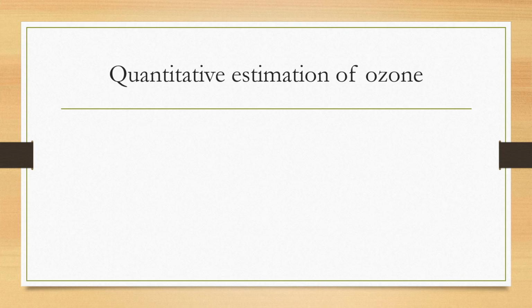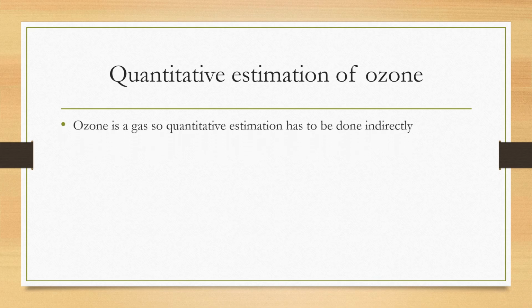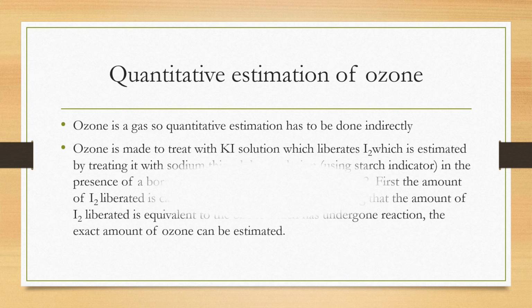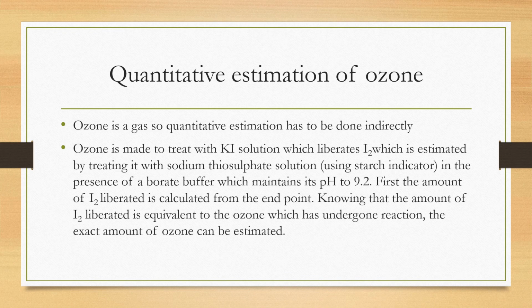Now we shall see how to do the quantitative estimation of ozone. Ozone being a gas, the quantitative estimation has to be done indirectly. Ozone is made to react with potassium iodide, which liberates iodine, which is estimated by treating it with sodium thiosulfate solution using starch indicator in the presence of borate buffer, which maintains the solution at a pH of 9.2.